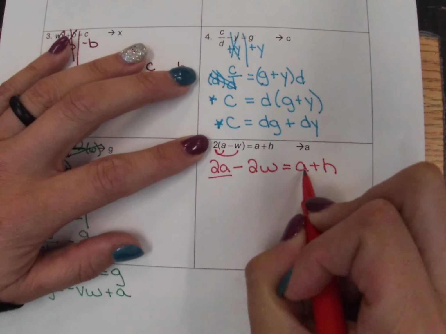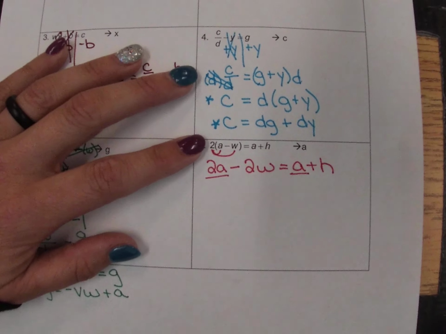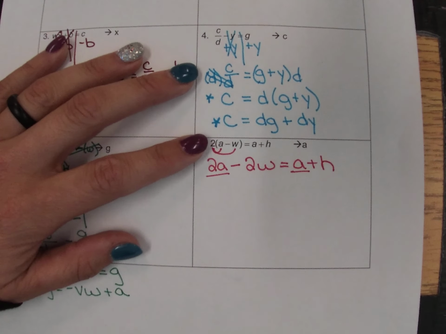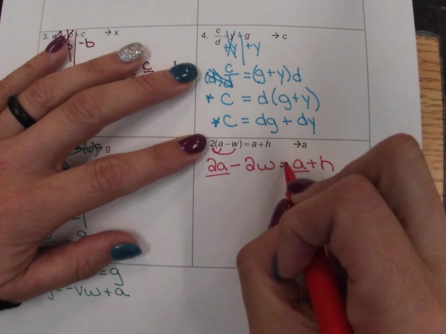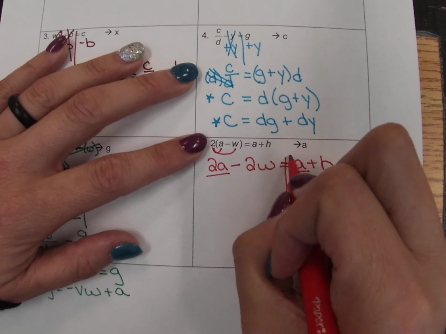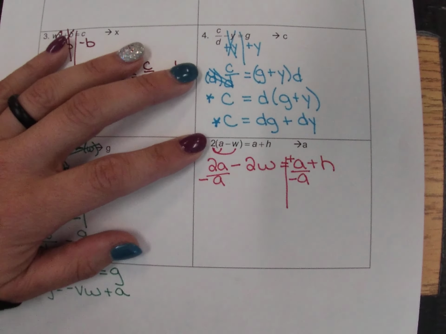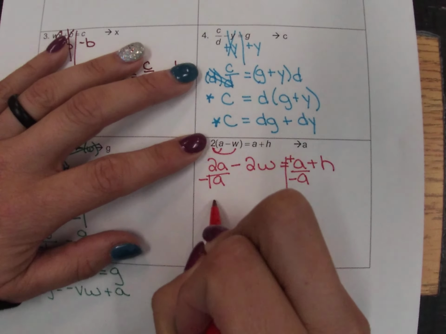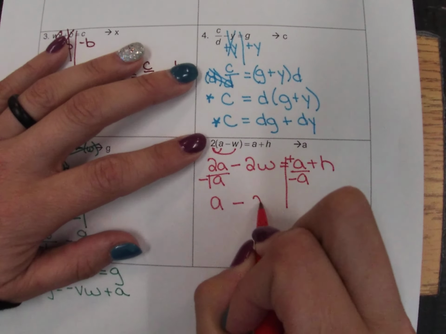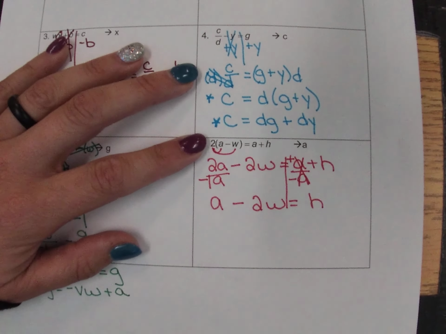Now we have A happening in 2 locations, so just like we would normally do if we have variables in multiple places, we need to combine them. These variables are on opposite sides of the equal sign, so we need to get them together with the opposite sign. So I will move a positive A with a negative A. Right? A 2A minus a 1A will just give me an A. Those A's will cancel.